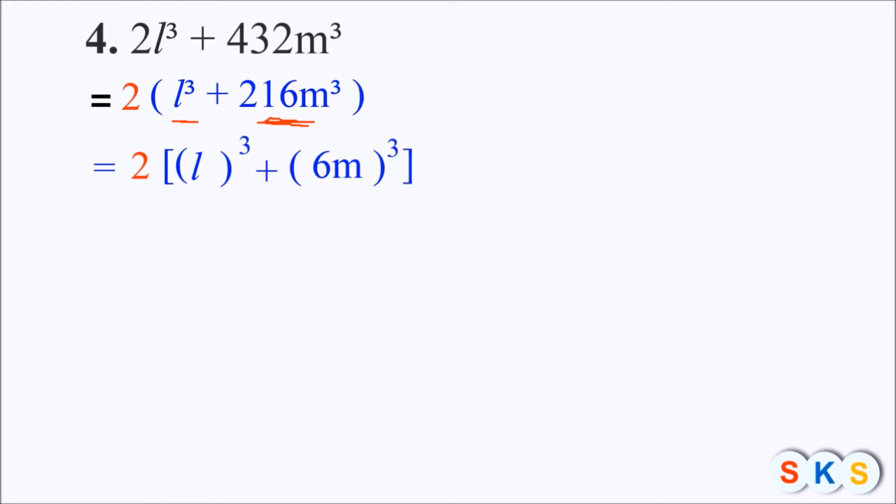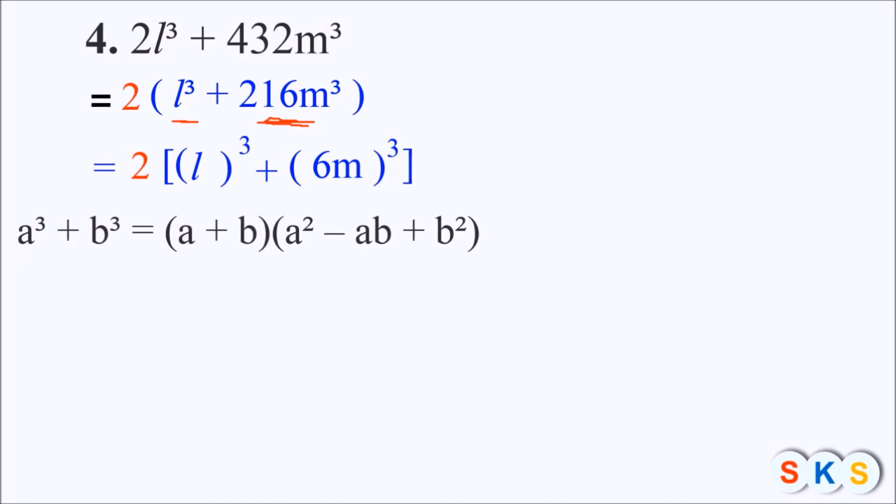Now what is in the bracket? l cubed plus 6m the whole cube, so the bracket is in the form of a cube plus b cube. So we will use the formula of a cube plus b cube to factorize the bracket. a cube plus b cube is equals to a plus b into a square minus ab plus b square. The first term is the cube of l, so we will take a as l, and the second term is the cube of 6m.